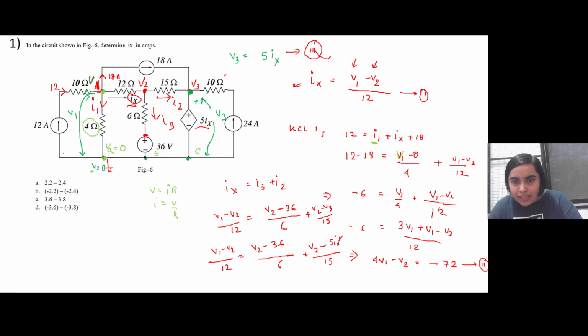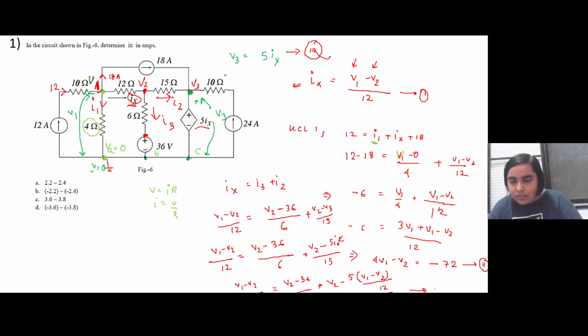Now we can replace ix using equation 1, so it is (V1 minus V2) by 12 equals (V2 minus 36) by 6 plus (V2 minus 5 into (V1 minus V2) by 12) by 15.